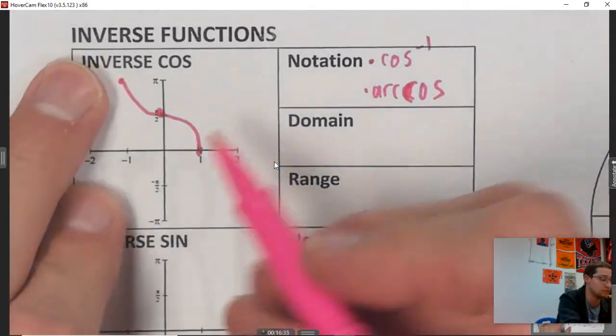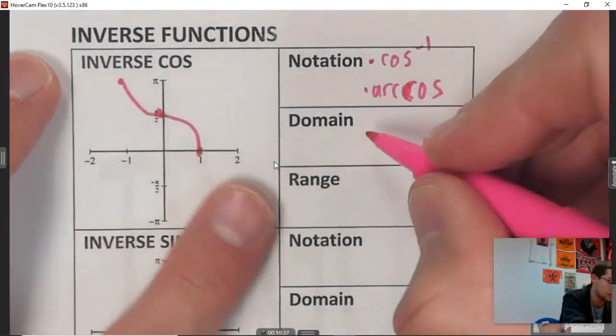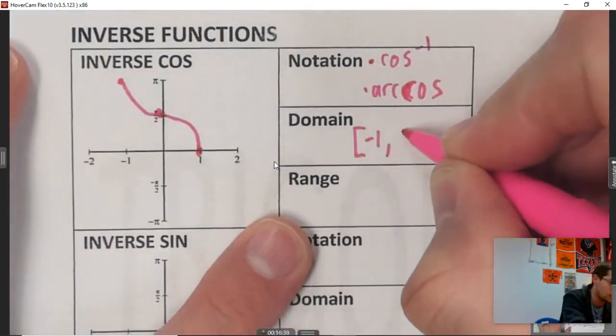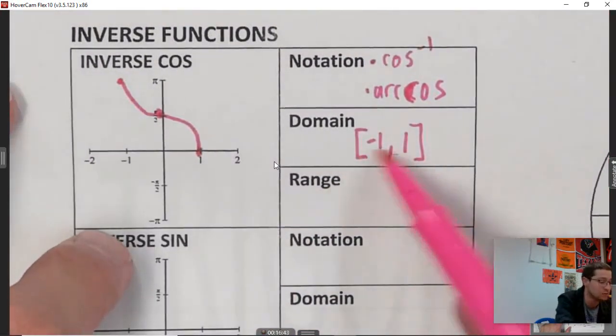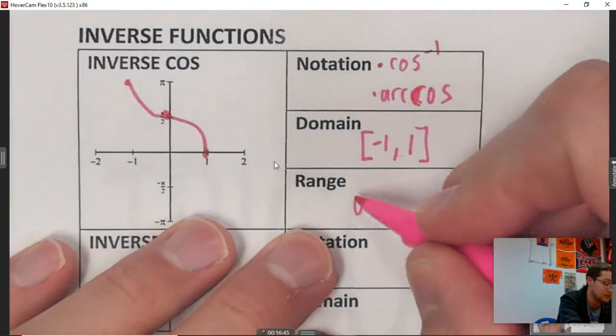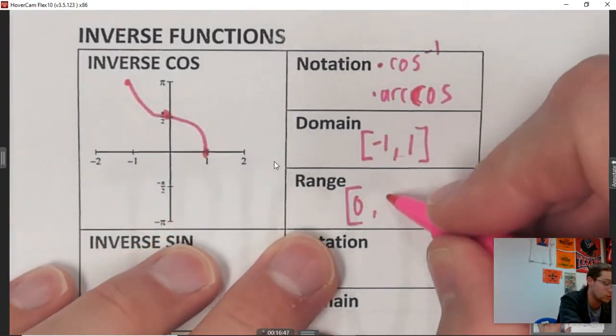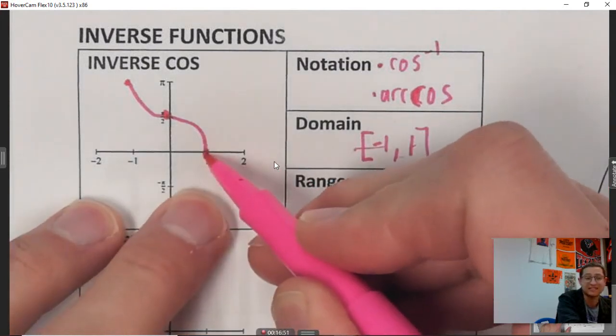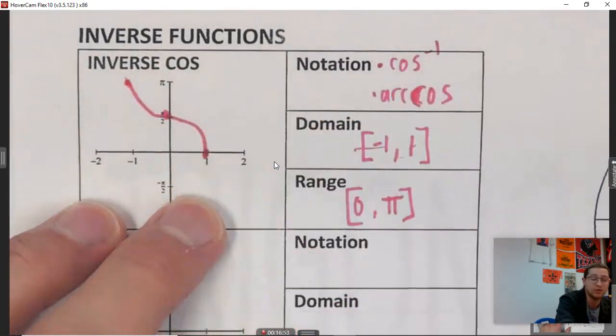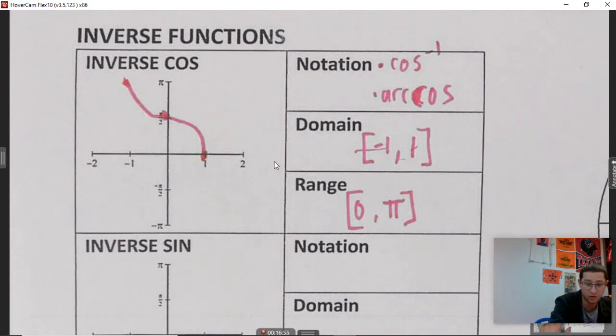The domain that's restricted, I just want these little parts in here, so -1 to 1. Then the range, because of the restricted domain, ends up being 0 to pi. Notice these are brackets, because that point actually exists. This point and this point work; those are real points on those graphs.